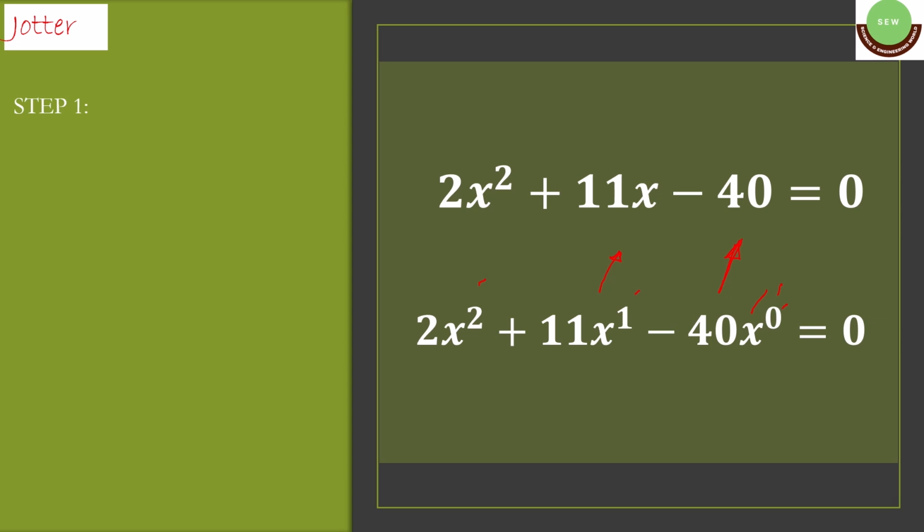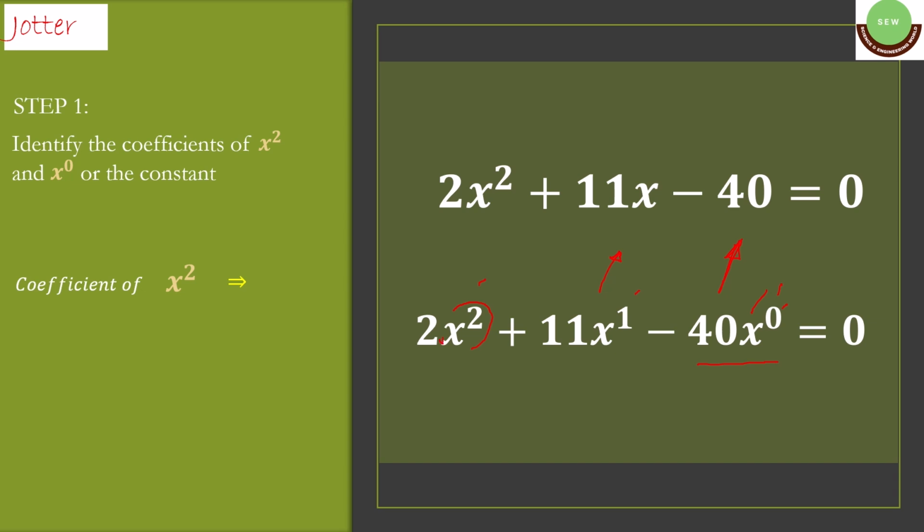Step 1 says that we should identify the coefficients of x to power 2 and x to power 0, or what we can call the constant, because this becomes a constant since x to power 0 is 1. So what is a coefficient? The coefficient of x squared, in this case, we mean removing x squared; what is left is its coefficient.